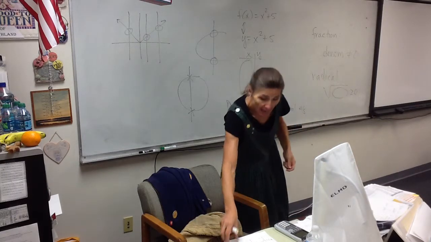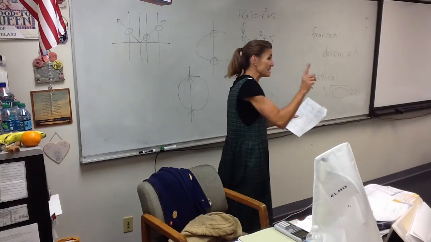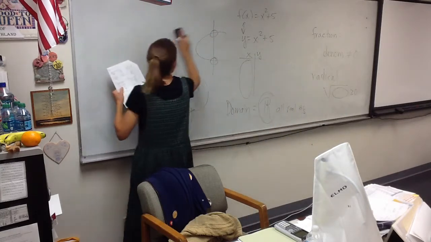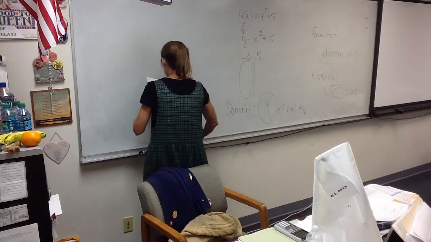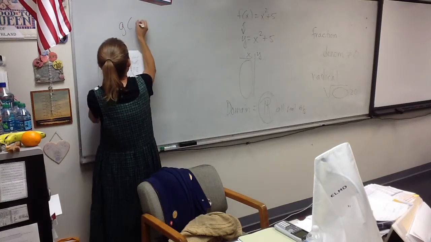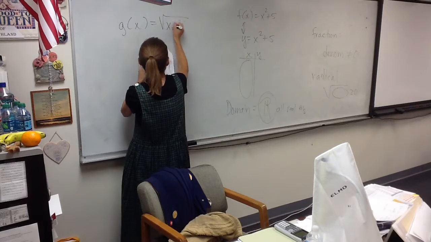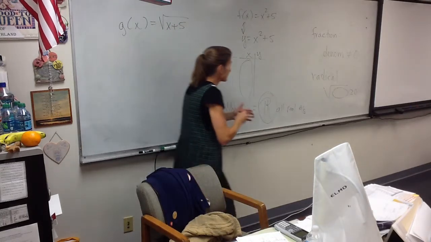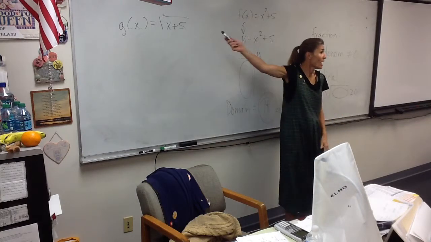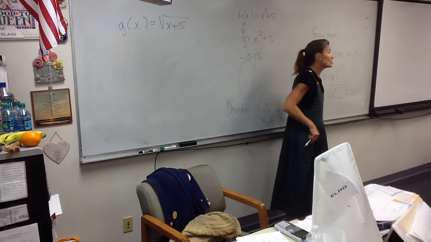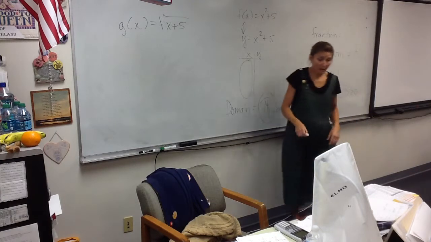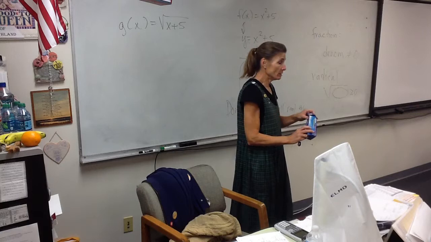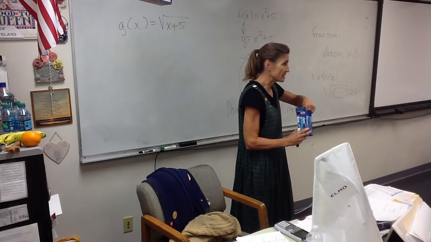Now, question B does have a radical in it. So when I find the domain of question B, I've got to pay attention to this rule because it has a radical. So what is the rule for a problem with a radical in it? Whatever is under the radical has to be greater than or equal to 0.